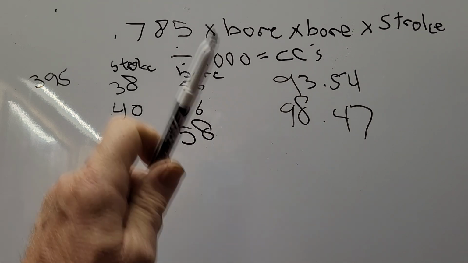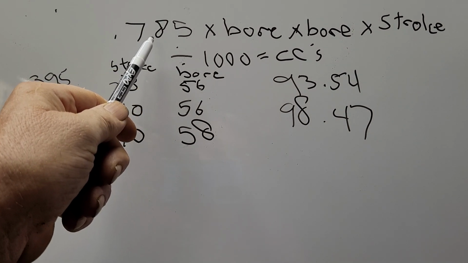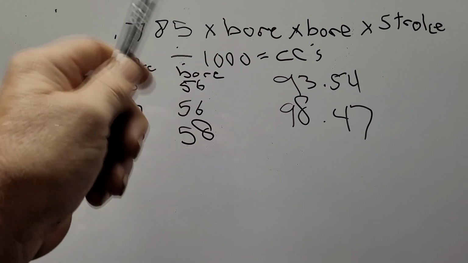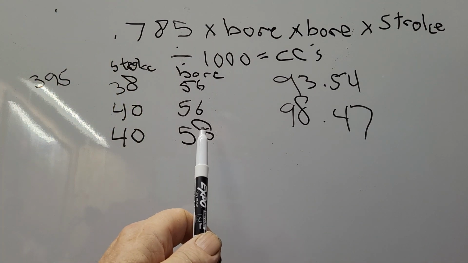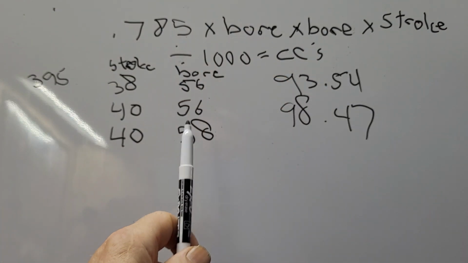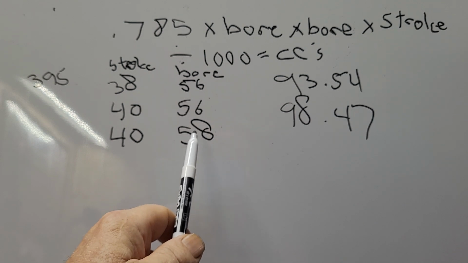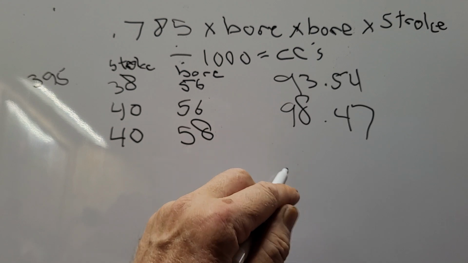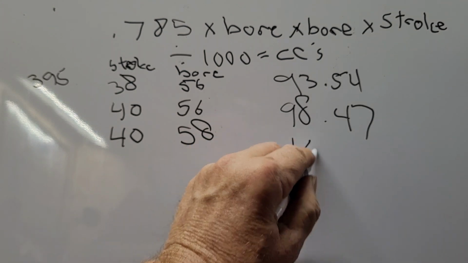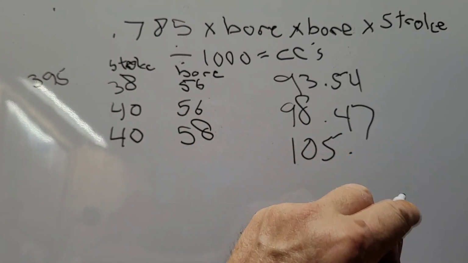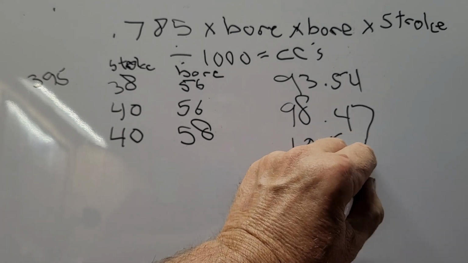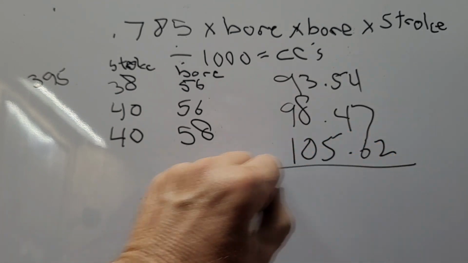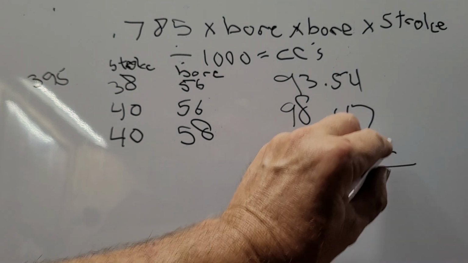So, calculate your 0.785 times your bore, which is 58, times your bore again, which is 58, times your stroke, which is 40. This is where it starts getting fun. You get 105.62. That's CC.